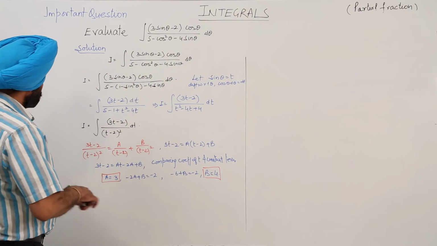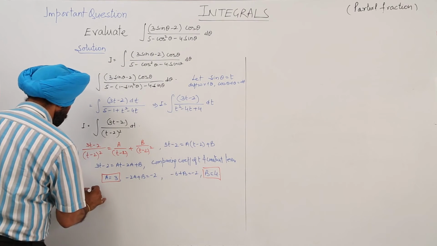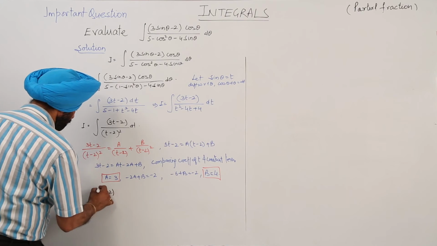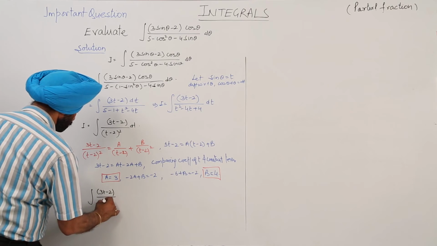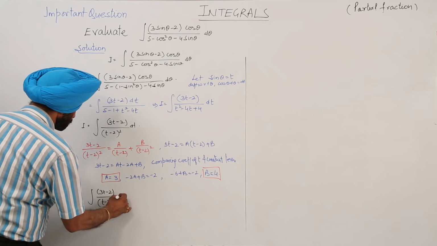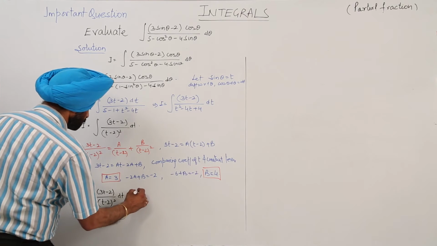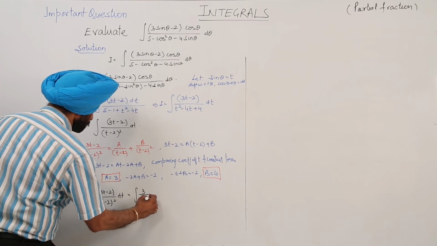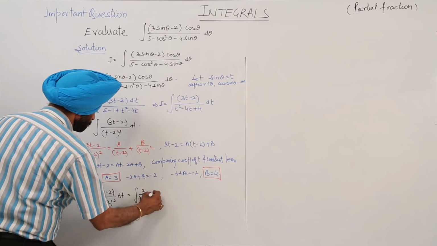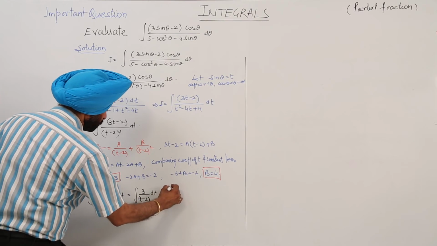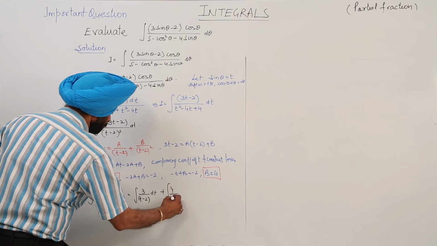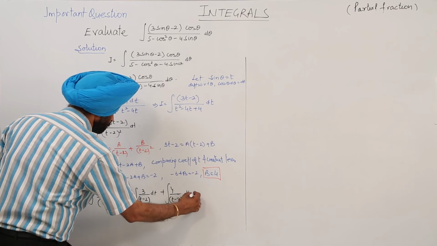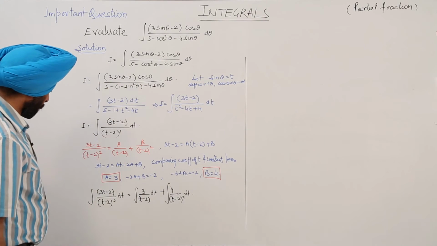So now the integration of 3t minus 2 upon t minus 2 whole square dt is equal to the integration of 3 upon t minus 2 dt plus 4 upon t minus 2 whole square dt.